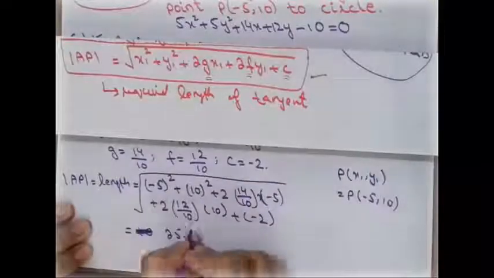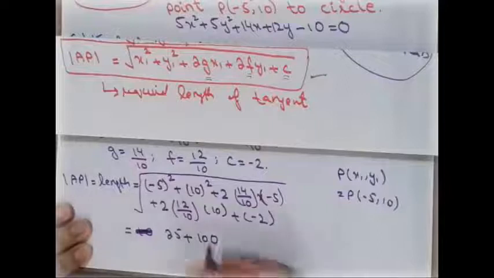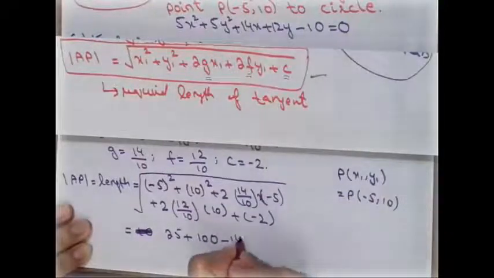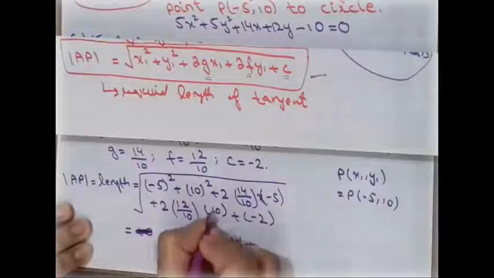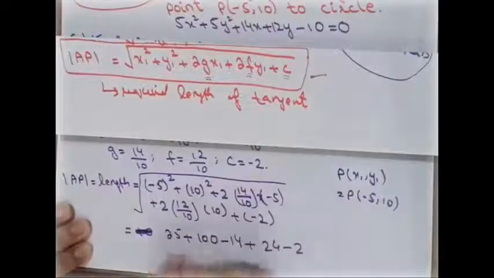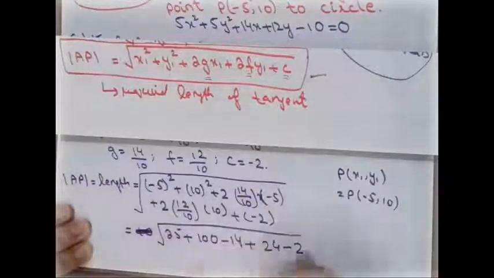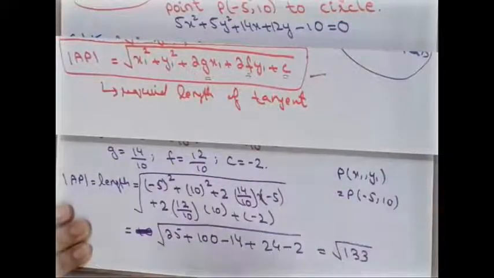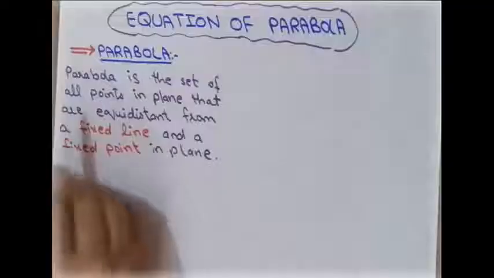So 25 plus 100, and it will be -14, and because this 10 cancels out with this, it will be 24 and -2. Solving all of this, we get our final answer.